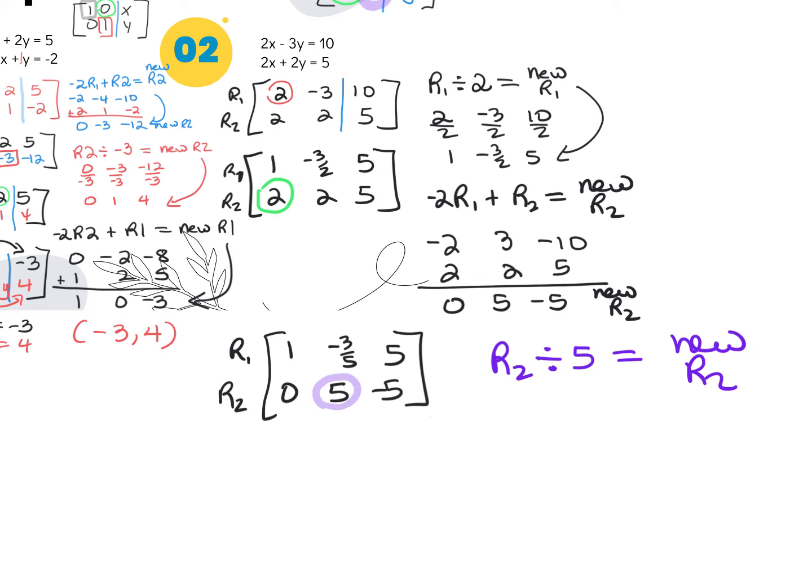So we have 1, and this should have been a 2, not a 3/5. Let me fix that. I don't know why I wrote a 5 there. This should be negative 3 over 2. Let me fill that in.